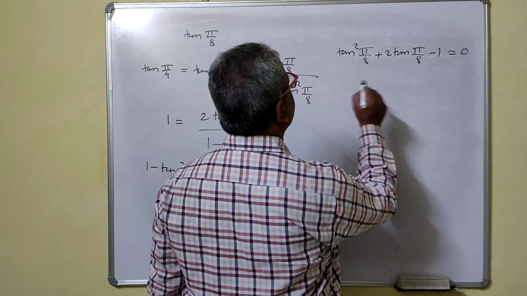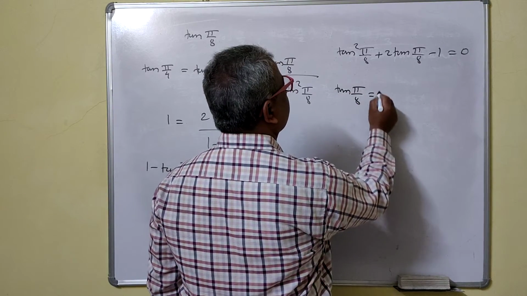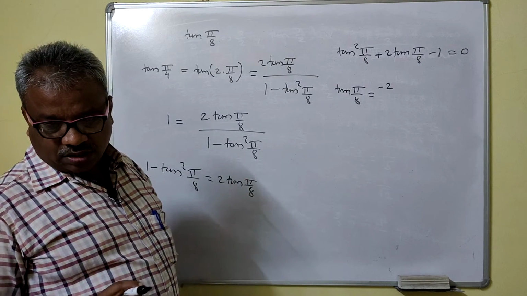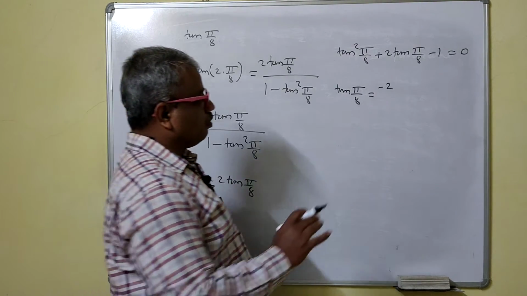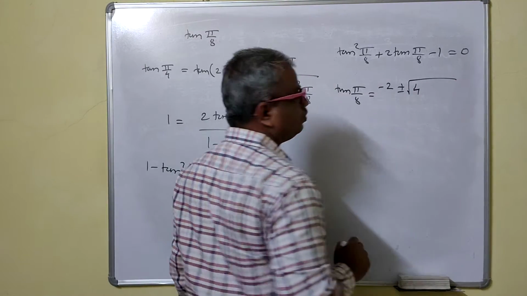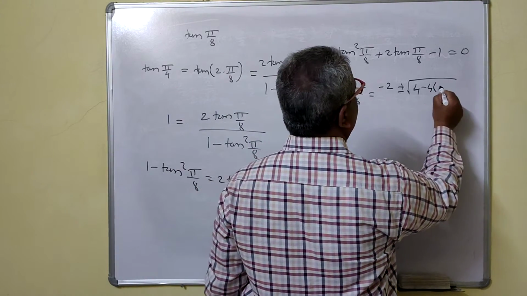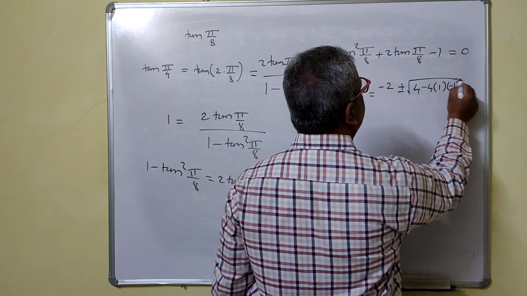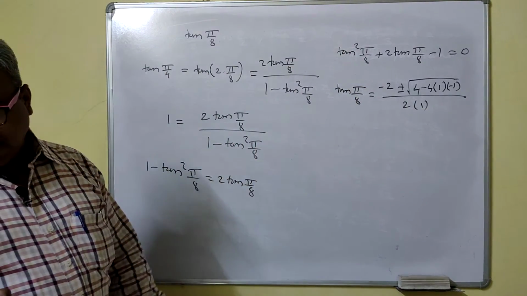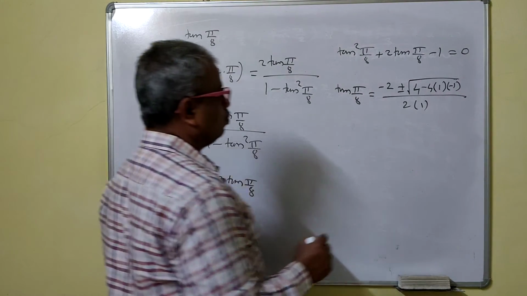So tan pi by 8 is equal to minus b, means minus 2, plus or minus b square means 4, minus 4ac, so minus 4, your a is 1, your c is minus 1, upon twice a, upon 2 into 1. Replace your a, b, c as it is now.